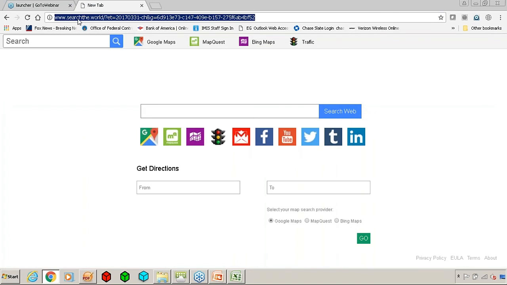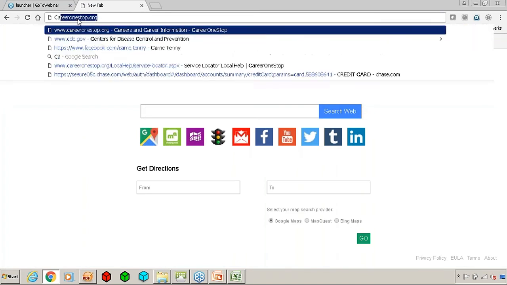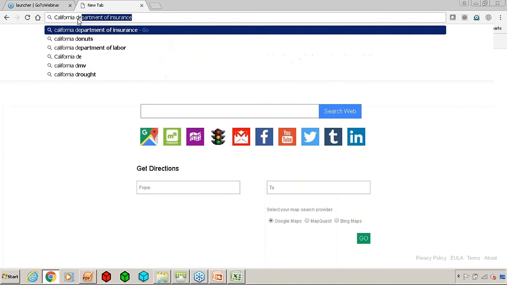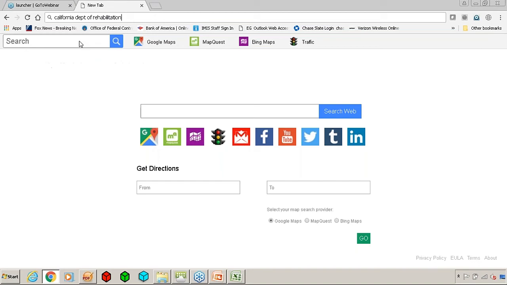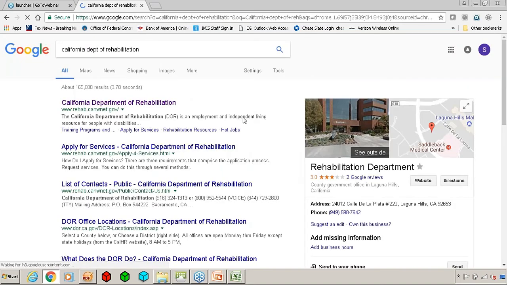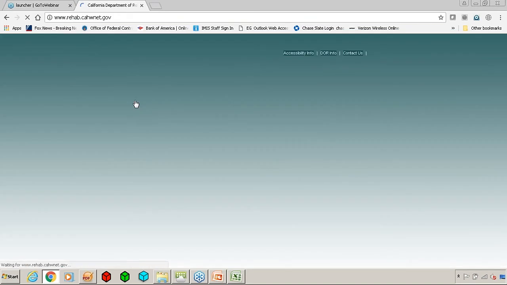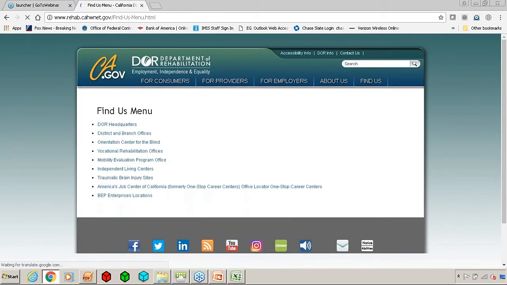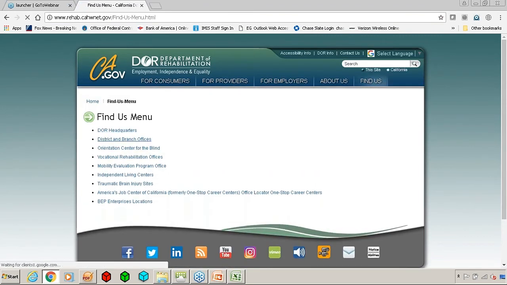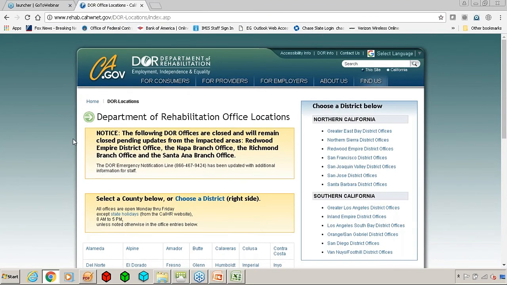Not rehabilitation and correction. This is what it looks like. In the top right over here it says Find Us. Over here it says District and Branch Offices.